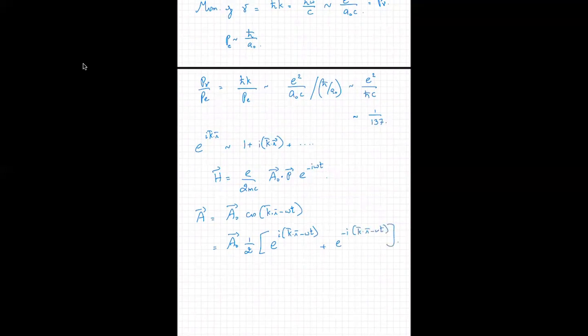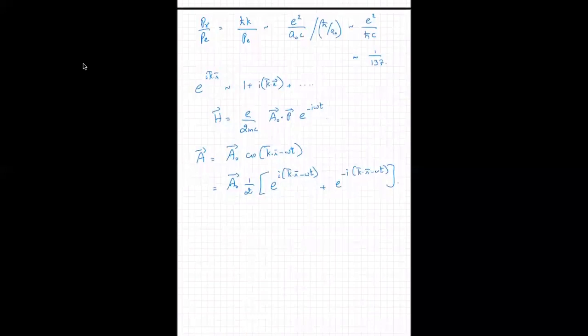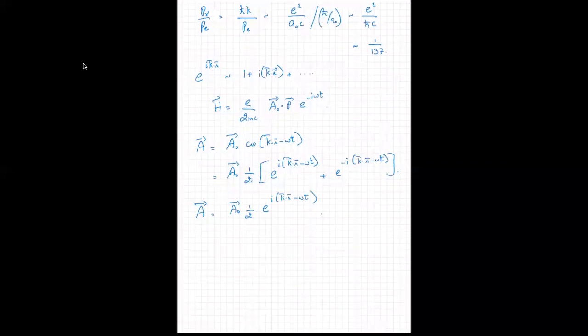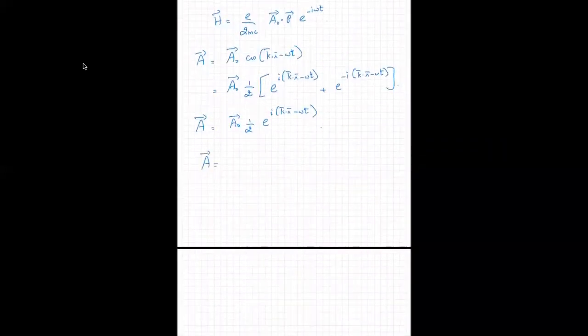And in these two terms, we also discussed the relevant term that causes photoelectric effect is the e to the minus i omega t part. So the part of A that we are interested in is e to the i (k dot r minus omega t), right? And now if you make the further assumption that e to the i k dot r is simply unity, then our vector potential A is simply given by A0 times 1/2 e to the minus i omega t.